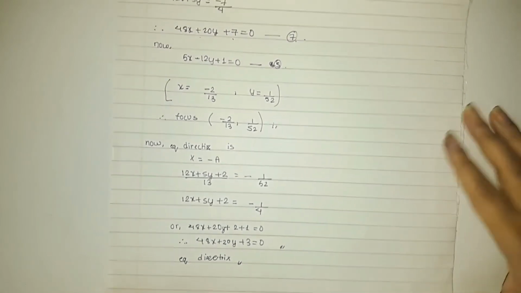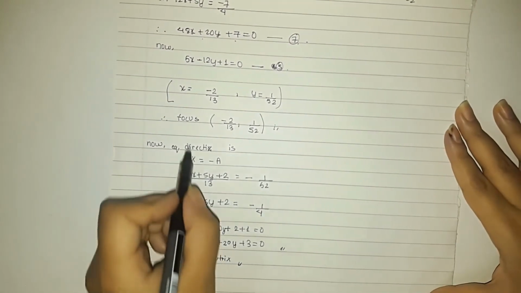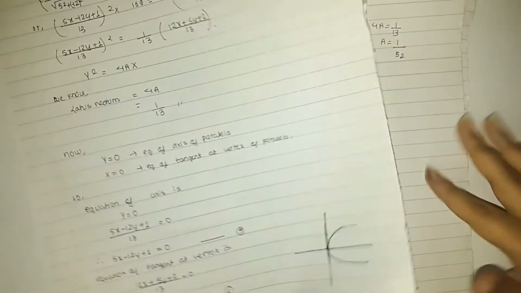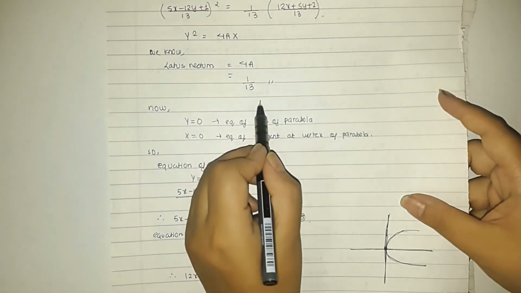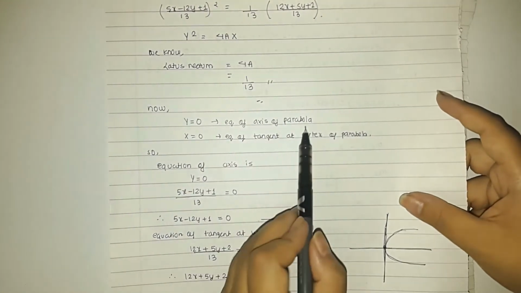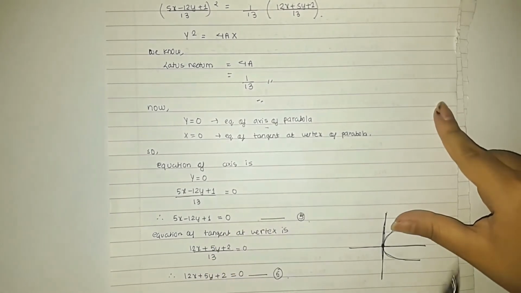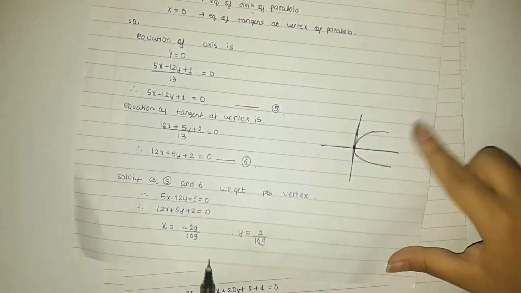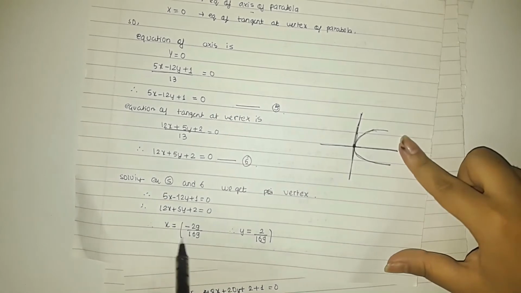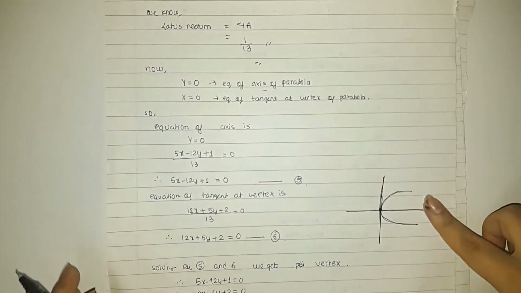We have basically found everything: the equation of the directrix, focus, latus rectum length, equation of the axis of the parabola, tangent at the vertex of the parabola, and the vertex points. So this is it.